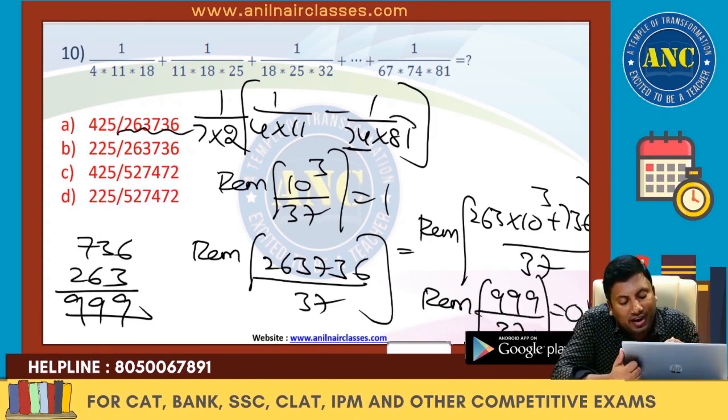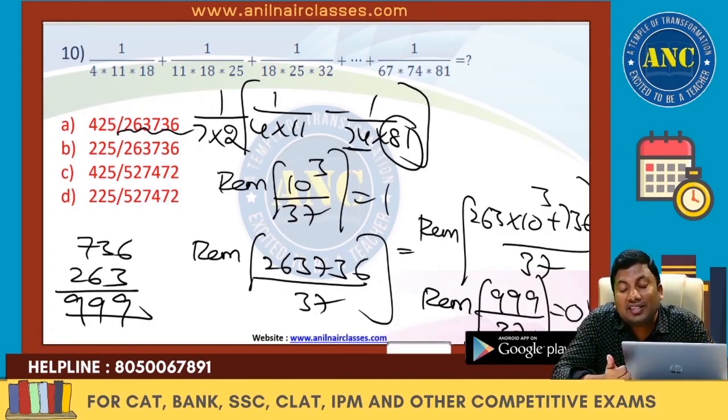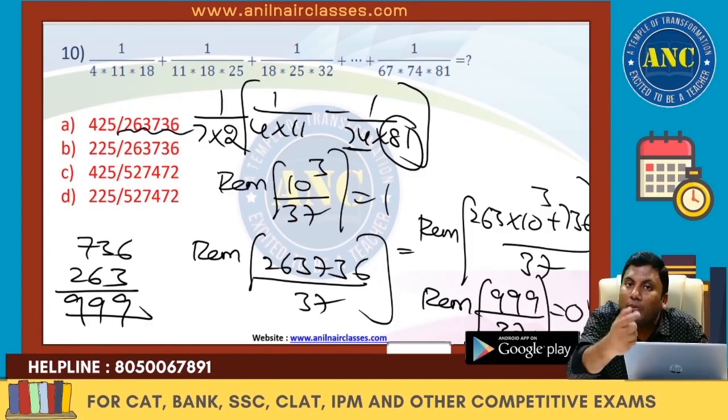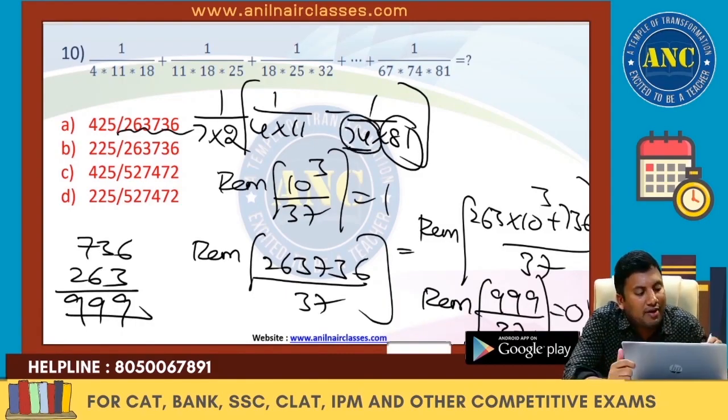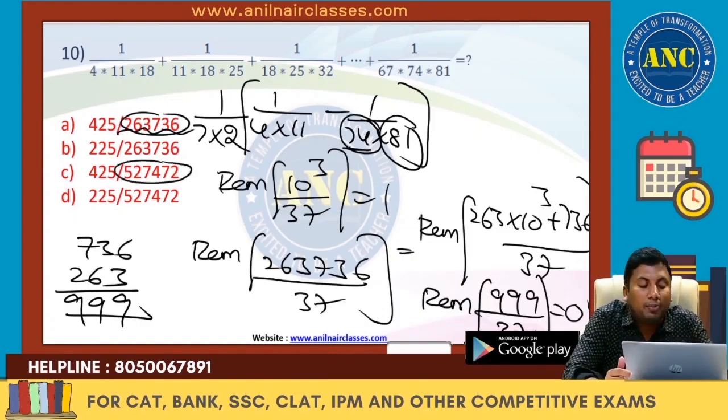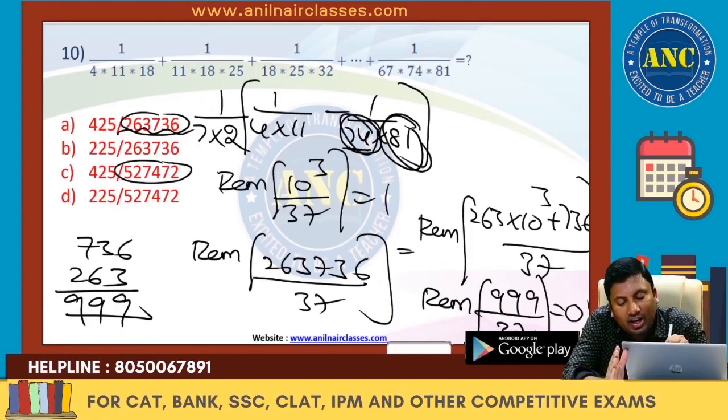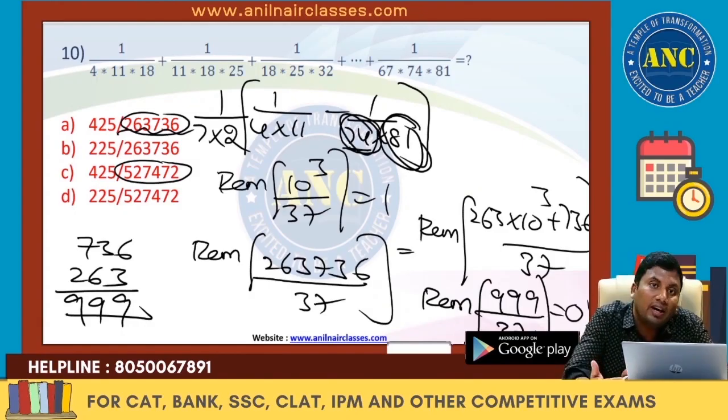That means, for 81 it is 9 square, answer should be divisible by 9. If it is not working because there are 3 numerical values in the denominator, you can go for the next one, 74. This is divisible. Obviously, this is nothing but a next multiple of 736. That means, if you are stuck with this, you can go ahead and check with this. Here I wantonly gave the options where all options are the same. Suppose one option is 263736.